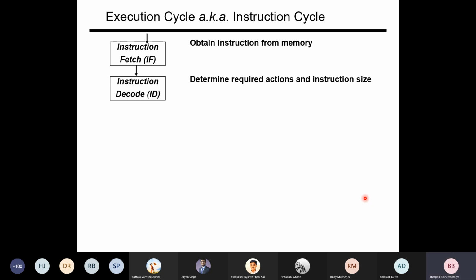All right. And once you know that whatever you have fetched from memory is an instruction, the controller or the processor of your machine has been designed in such a way that in this phase of the execution cycle, it knows that I have brought an instruction from memory, right? So I need to interpret this instruction.